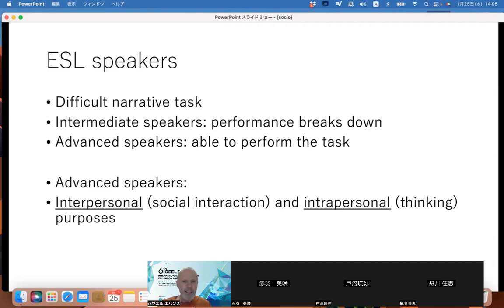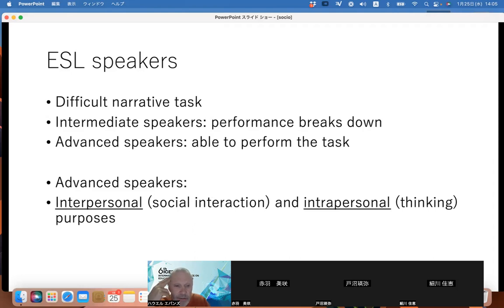Okay, advanced speakers, they can, right? Advanced speakers can speak to other people with no problem, and they can use the second language in order to think, right?